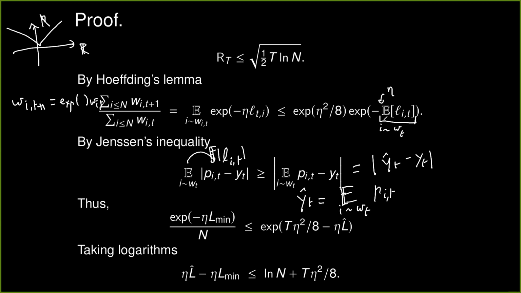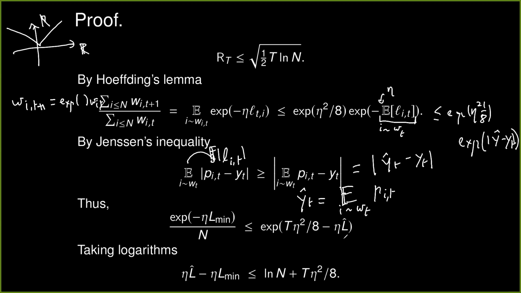And so if we make the negative exponent smaller, then our bound only becomes bigger. So this whole thing is bounded by the exponent of this term, 1/8 times the exponent of y hat minus y_t. So if we combine this and this, that's what's written here.